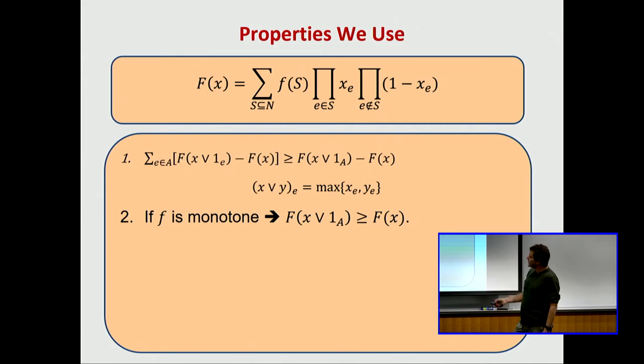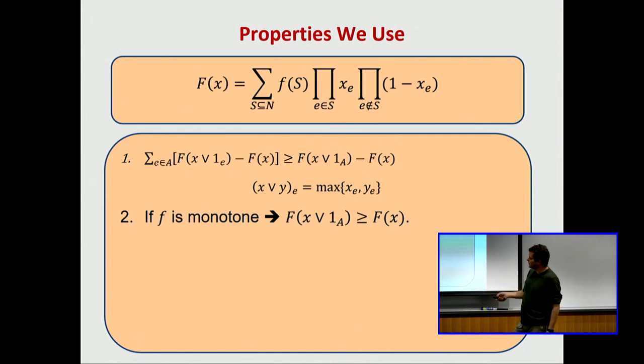So this property, this v is, I will say union or intersection here. It's just the maximum coordinate-wise. It is saying that adding elements of a subset A to F gives you more value than adding all the elements together to the subset S. So this has the property in the case of the multilinear extension.